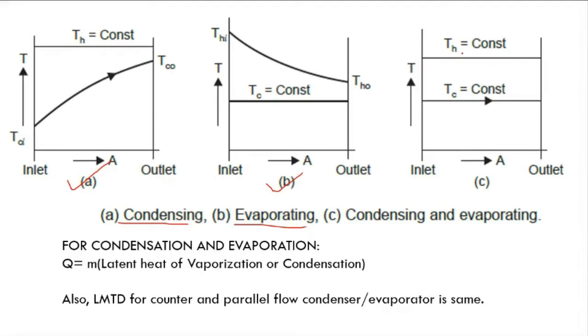For the hot fluid, some vapor is entering and liquid will be coming out. For the cold fluid, the fluid is entering in liquid form and coming out in vapor form. So heat lost by the hot fluid will be used to evaporate the cold fluid. And when the hot fluid is losing heat, it is condensing to liquid state. Is this part clear to all?